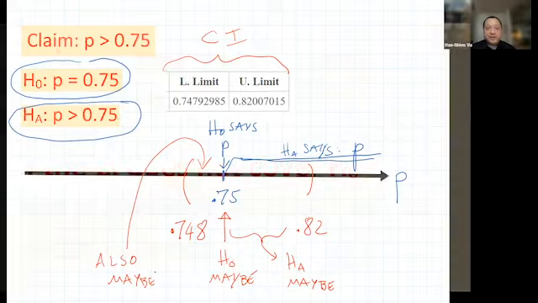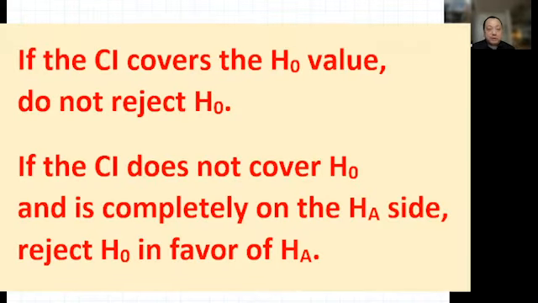So here's the general idea. If the confidence interval covers the value in H0, then we do not reject H0. If the confidence interval instead is outside of H0 and completely on the HA side of things, then we reject H0 in favor of HA. That's how a confidence interval is used to test a hypothesis.